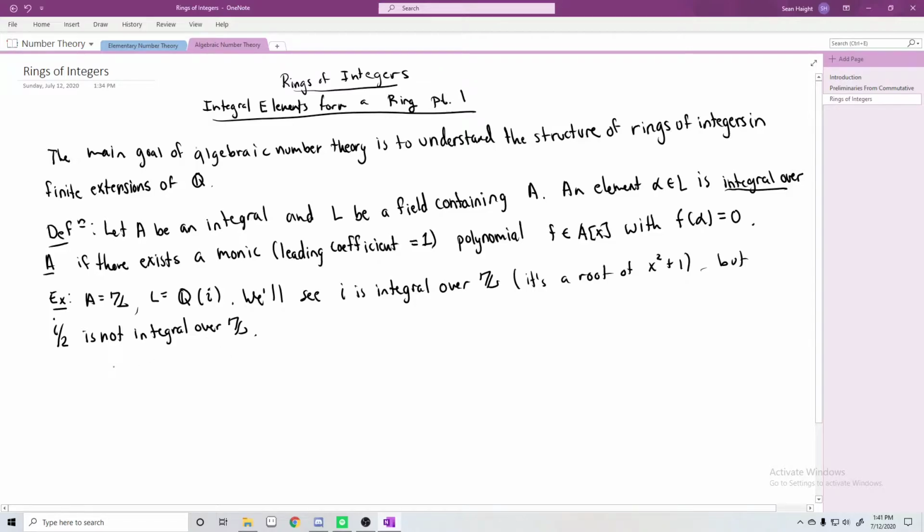It turns out, an element is integral if there exists any monic polynomial with coefficients in A that has alpha as a root.